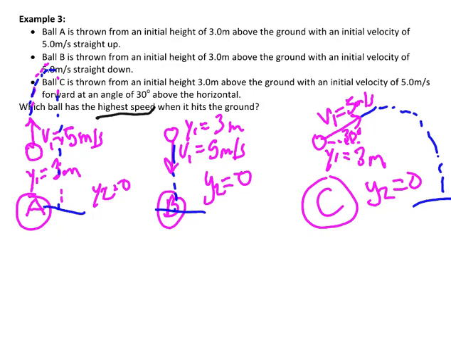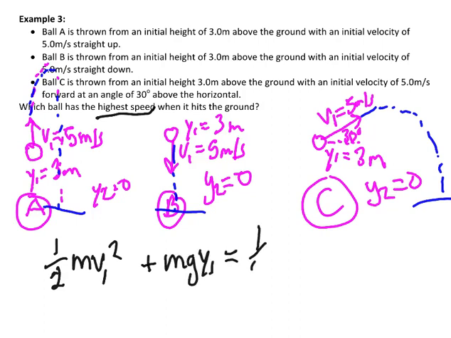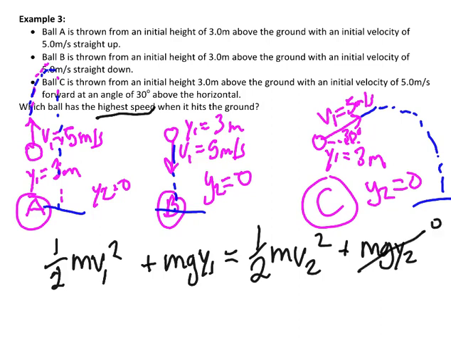So we can use our energy conservation equation here too. Half m v1 squared plus mg y1 will equal a half mv2 squared plus mg y2. So they all hit the ground, which means this term is 0, right? Because y2 is 0.